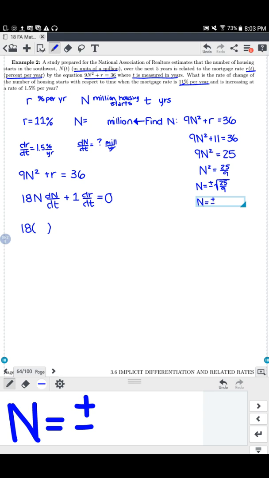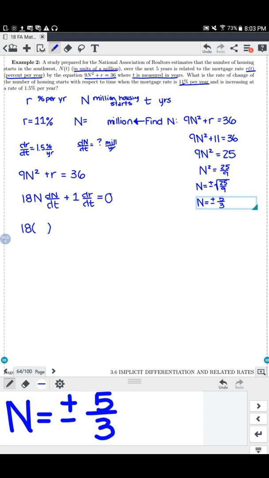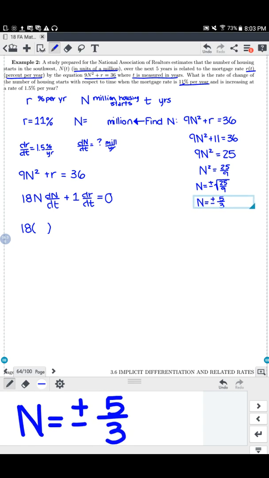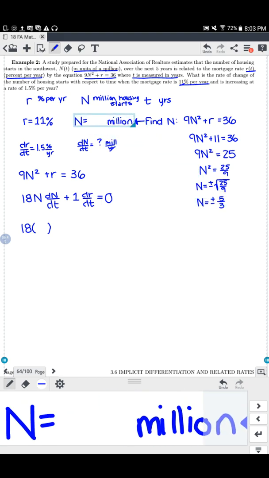The square root of 25 is 5, over the square root of 9 is 3. So we have two n values for that one mortgage rate. So either there were 5/3 million housing starts or negative 5/3 million housing starts. And you can't have a negative number of houses being built. So this is going to be a positive 5/3 million housing starts when the mortgage rate was 11%.